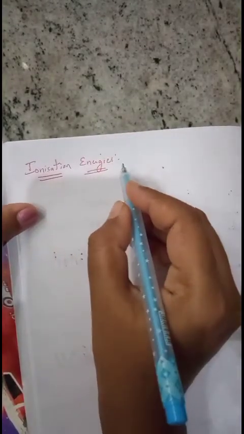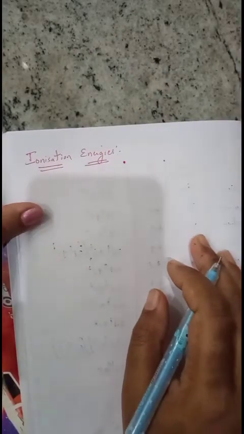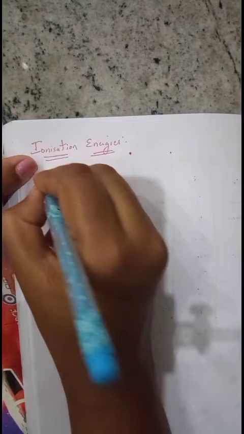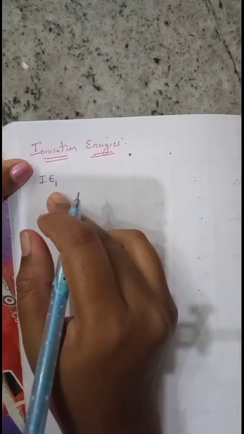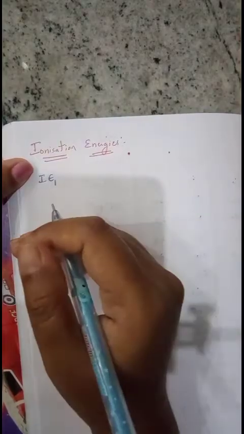The next important property is ionization energy. Ionization energy is the amount of energy required to remove the last electron. Now we will discuss the first ionization enthalpy, IE1, the amount of energy required to remove the last electron.